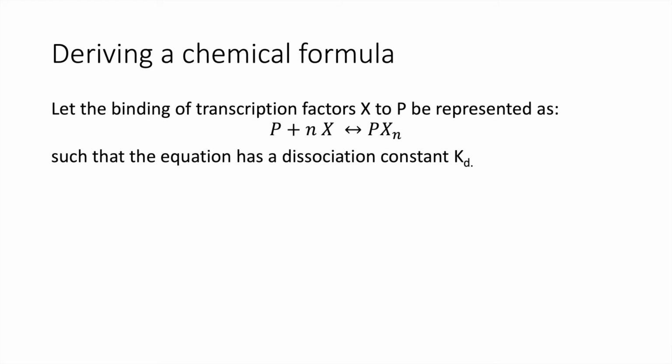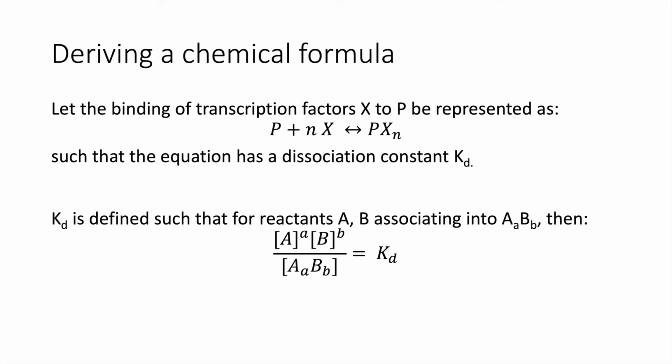So per our visualization from before, we notice that we have a promoter. We have n activators, which are denoted X, and they eventually form a complex with n X activators and/or repressors and the promoter. And this whole equation has a dissociation constant Kd.